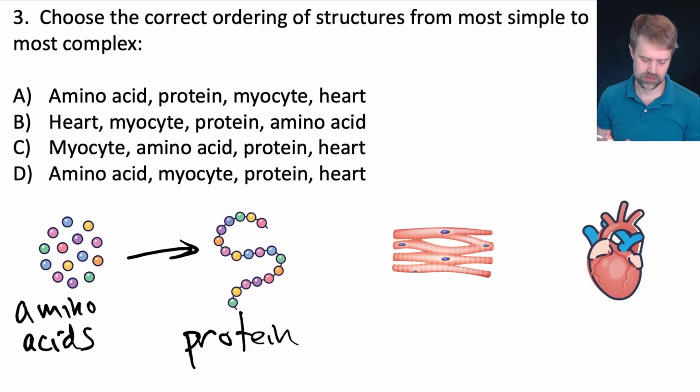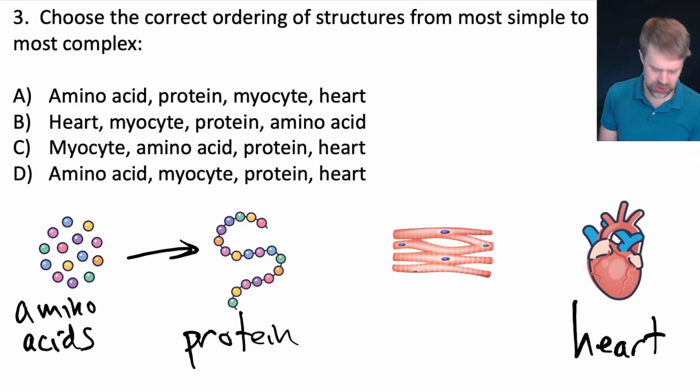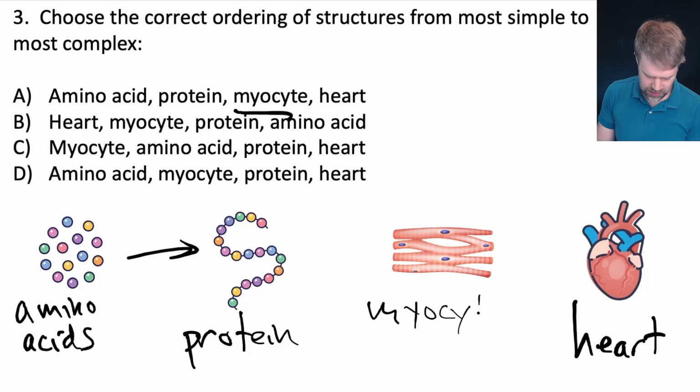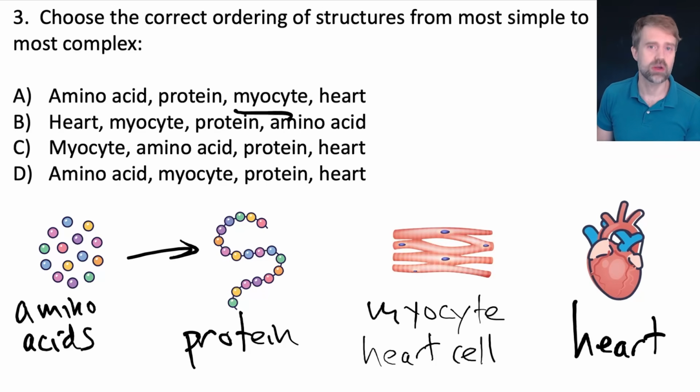Proteins are more complex. Now, at the other end of the spectrum, here we have a heart, okay? And then we have this mystery term that might confuse some people, myocyte. What's a myocyte? Myo typically refers to things that involve the heart. A myocyte is a fancy way to say heart cell.